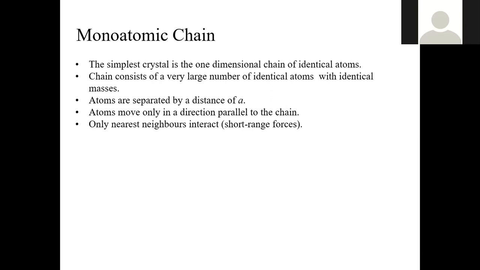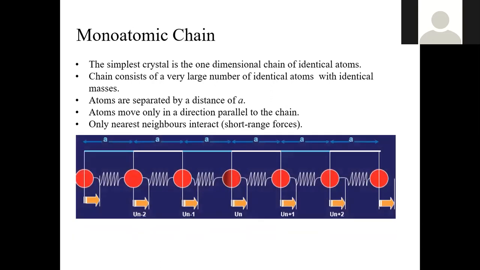Say, so this is a one-dimensional array of atoms. One can see here the red color circles, these are atoms. They're linked with spring-like elastic links, and you can see the position of a particle, say at the nth position, and its displacement, say un.